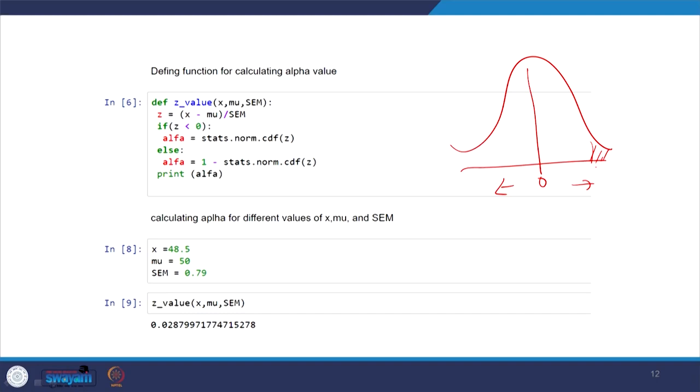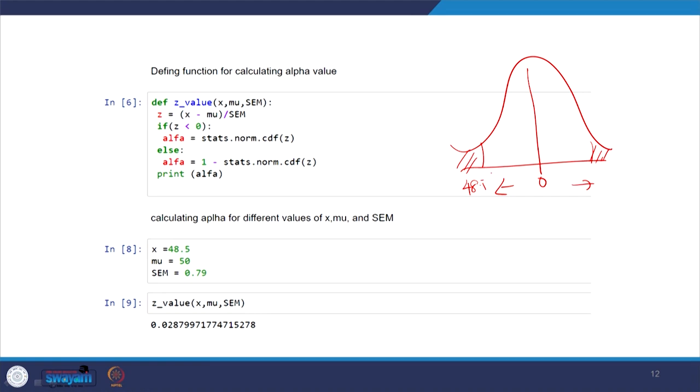So, we will get the right side area, else colon, alpha equal to 1 minus stats.norm.cdf(z). Then print alpha. So, calculating alpha for different values of x, mu and standard error of mean. First, I will find out the left side area. Suppose this x value is 48.5, what will be the area?